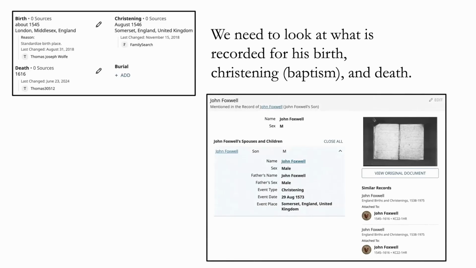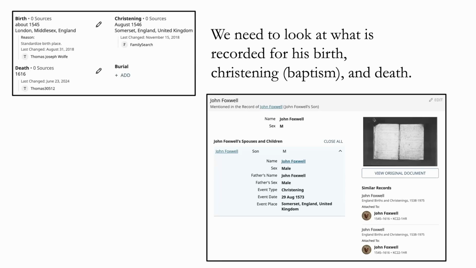Well, first of all, we get a source number 1, which has a John Foxwell, which is the name, and it says that his father's name's John Foxwell, and he was born in 1573. Well, this may be a record for a son of John Foxwell, but then again, we have the problem that our 1545 John Foxwell is born in London, supposedly, and christened in Somerset.